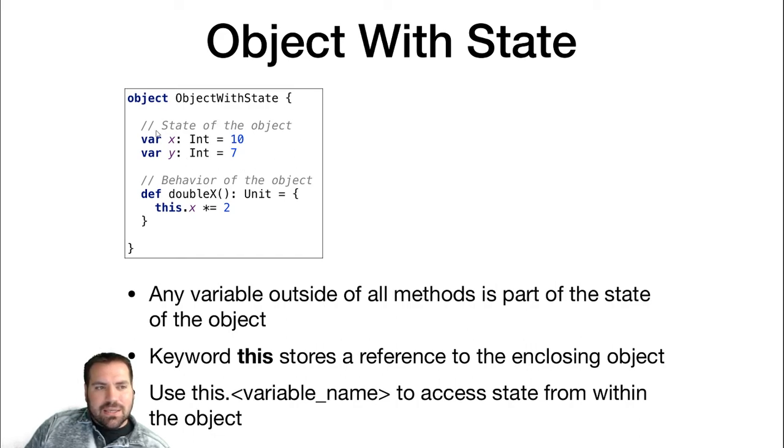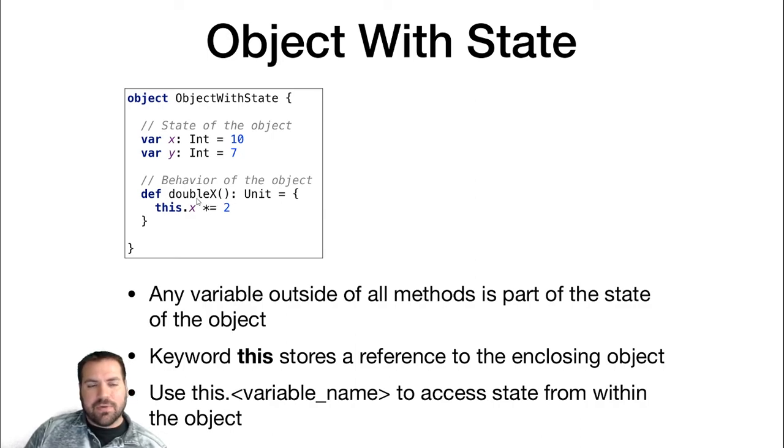We've declared variables inside methods before, those are not part of the state of the object. But here we're declaring variables outside of all of the methods of the object. It's inside the braces, the definition of the object itself, but it's outside of the definition of any of its methods. So that becomes part of the state of the object, and that state persists across method calls and can be accessed from any of the methods in the object.